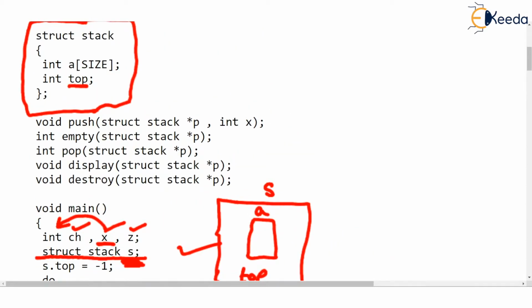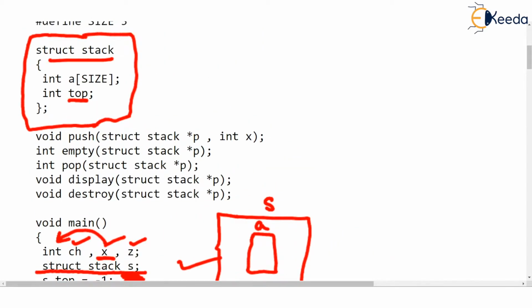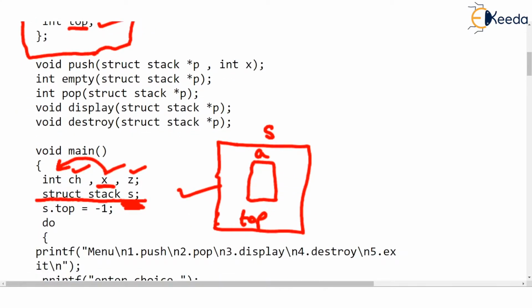Any stack will always have an array of fixed size and a counter called top. So what if I had written a line like this: struct stack s, p, q? What does that mean? s is a variable, p is a variable, and q is also a variable. All are variables of type stack.